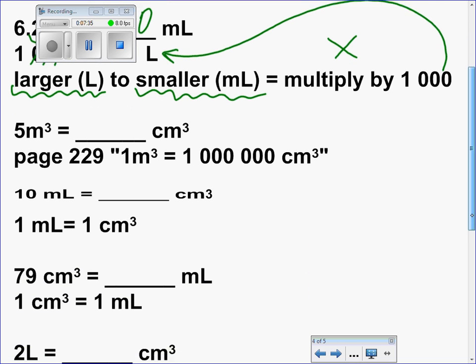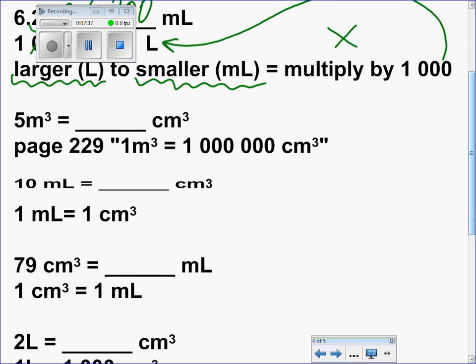If you refer back to page 229, when we talked about the cubic meter, we remember that 1 cubic meter, and thank you to Josh and Luca who built our cubic meter along with Jesse, we remember that it's 1 million cubic centimeters.